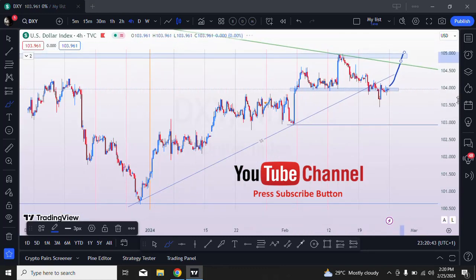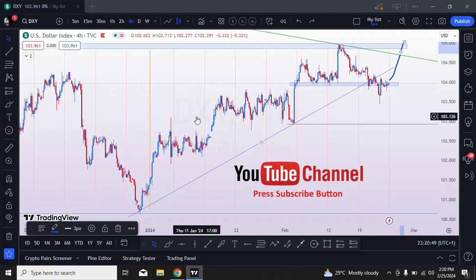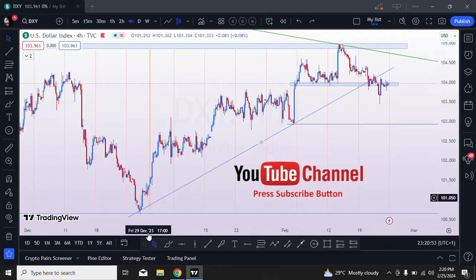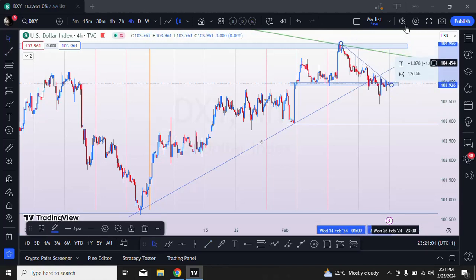So now we don't trade DXY, but we use DXY as an indicator to trade other pairs, for example like EURUSD. And looking at this, I could see a trend line here. If market breaks this trend line, I could see probably a push up to this level, right?